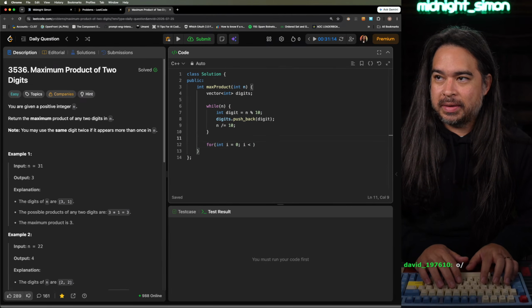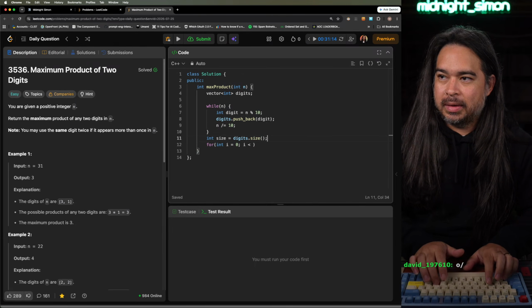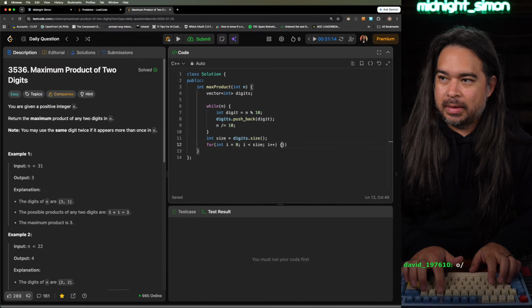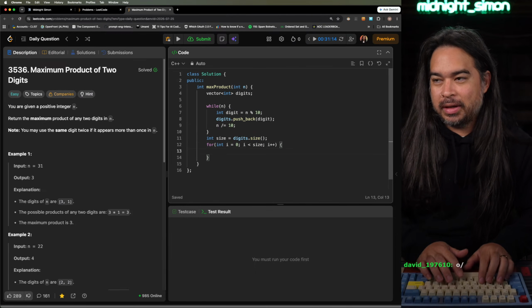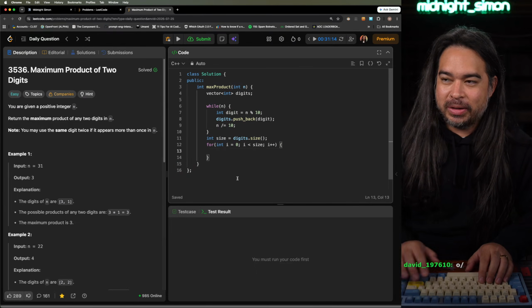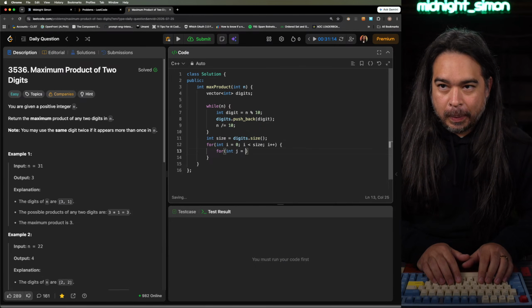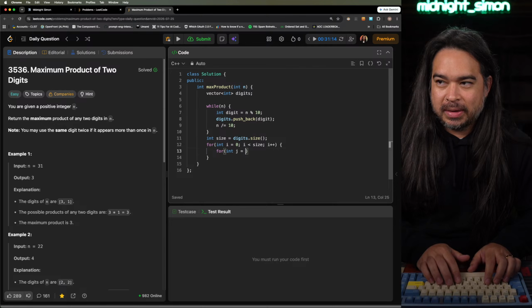I don't know if we could call this n squared, but size squared. I'll do like a double for loop. So I guess we can say j equals i plus 1 here.